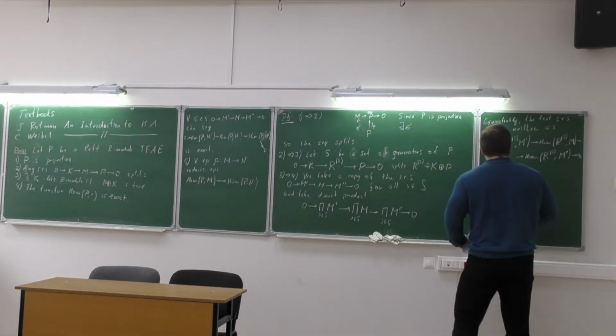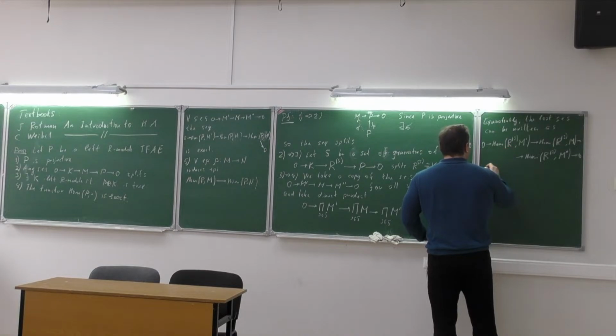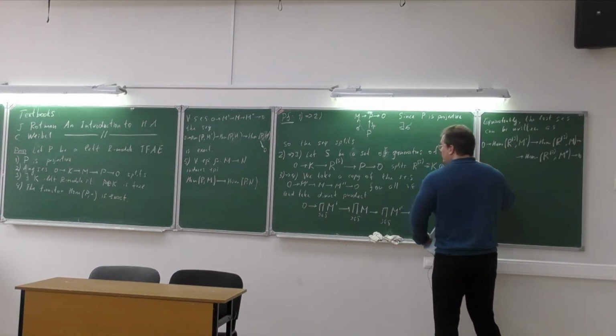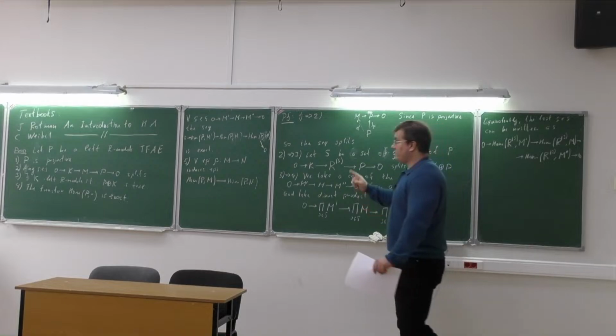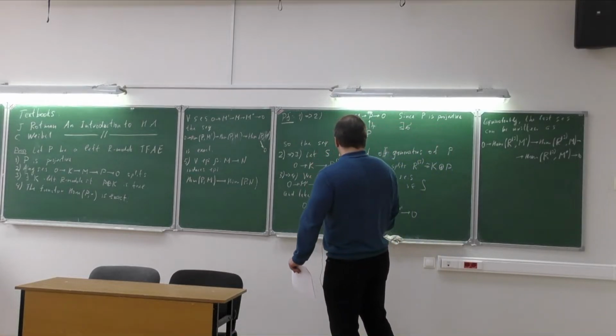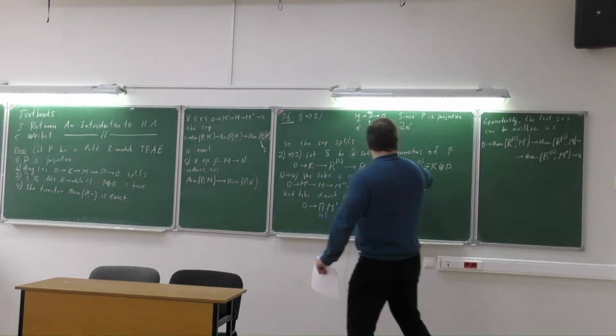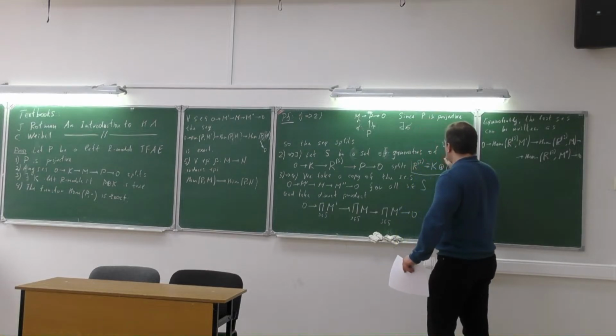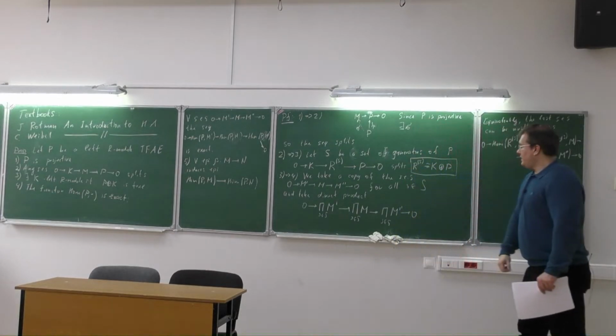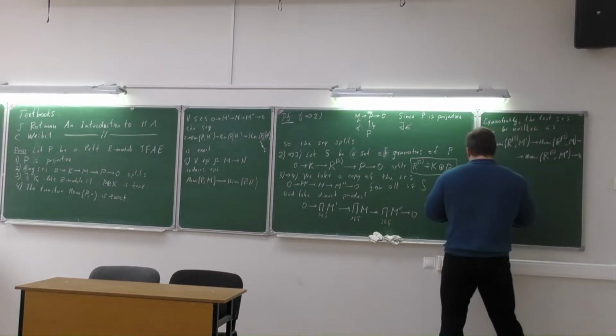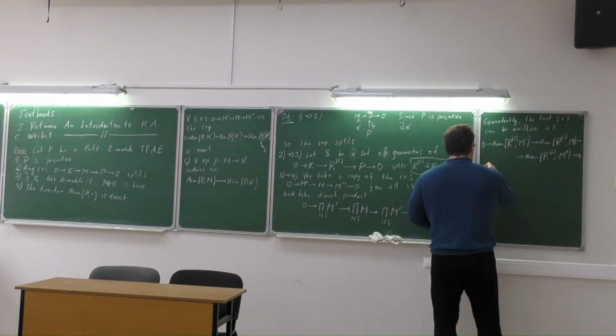Now for this R^(S), since I'm assuming condition 3, I know that this formula is true. And if this formula is true, I can write equivalently this formula for the Hom functors.